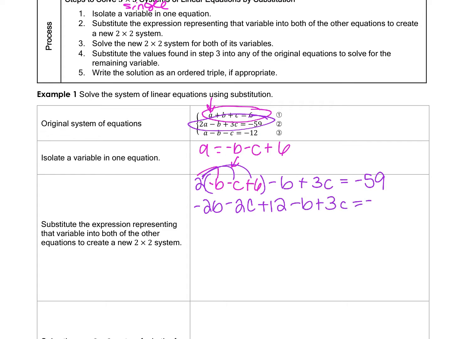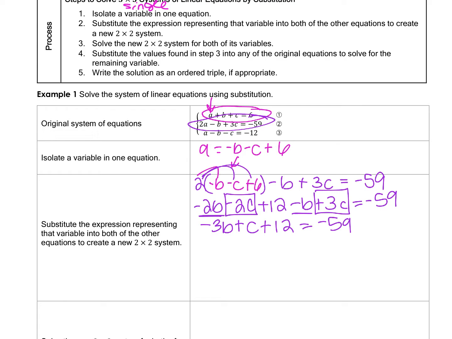After I distribute, I need to combine my like terms, because notice I have similar terms on the left side of the equation. I'm going to combine my b's, and then my c's. Make sure to always look at the sign in front of each one. When I combine my b's, I get negative 3b. When I combine my c's, I get 1c, and then I have that plus 12 equals negative 59.